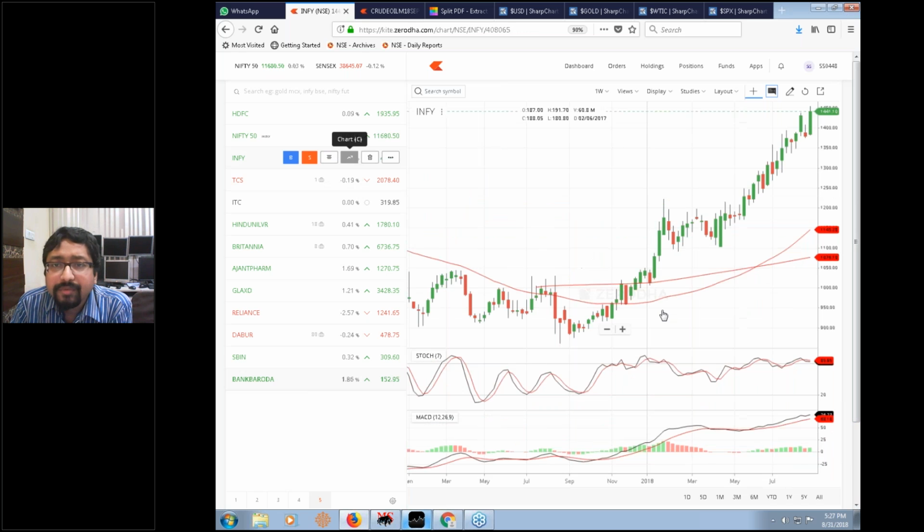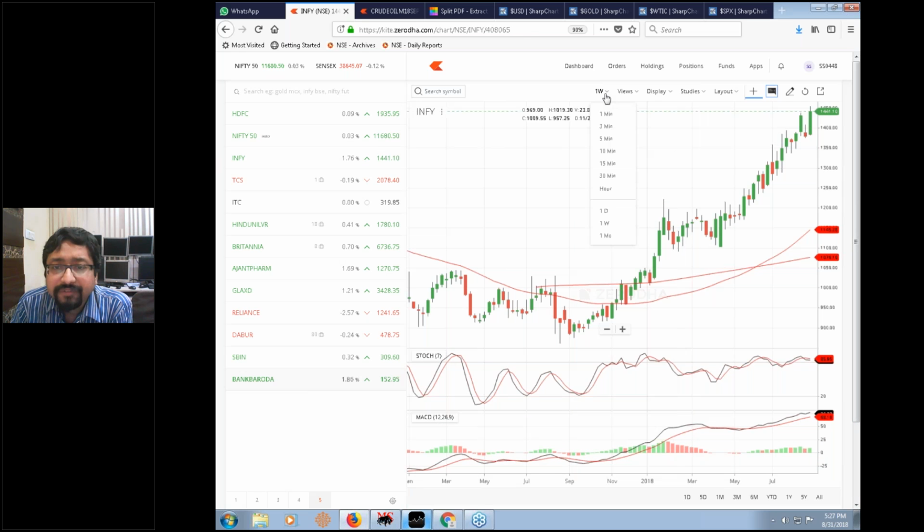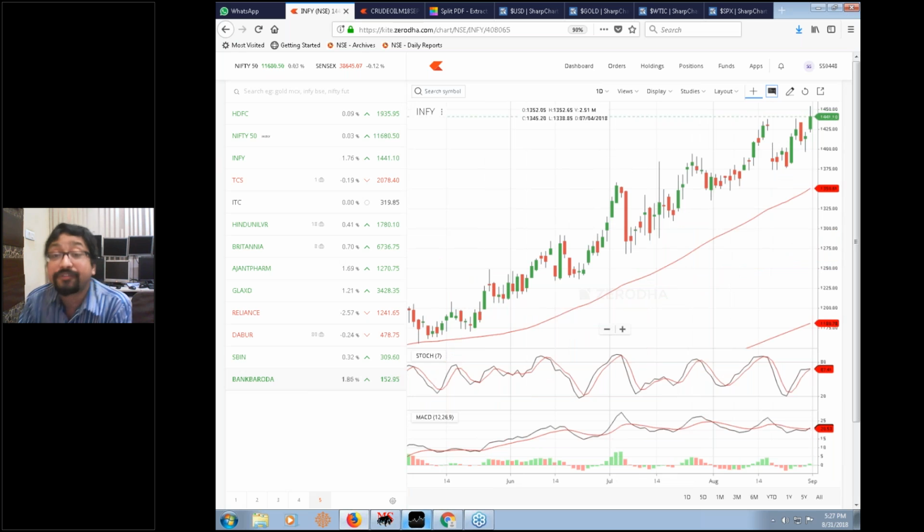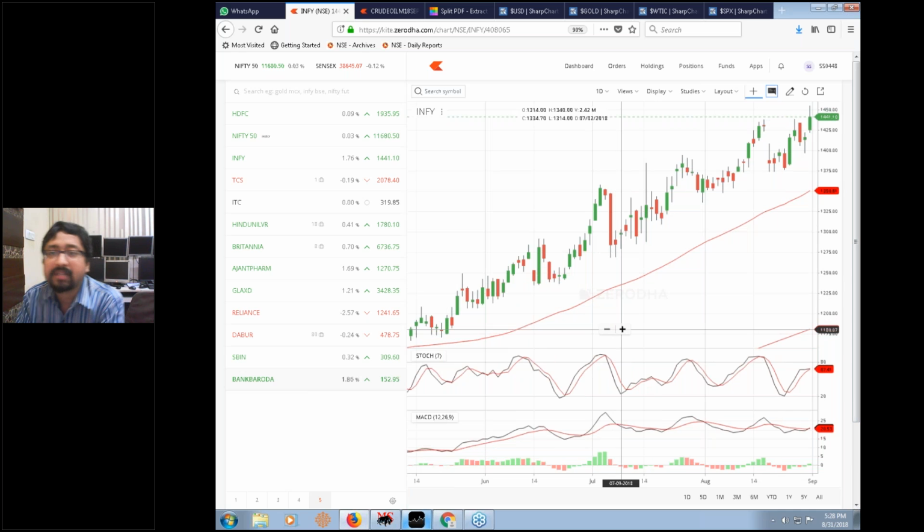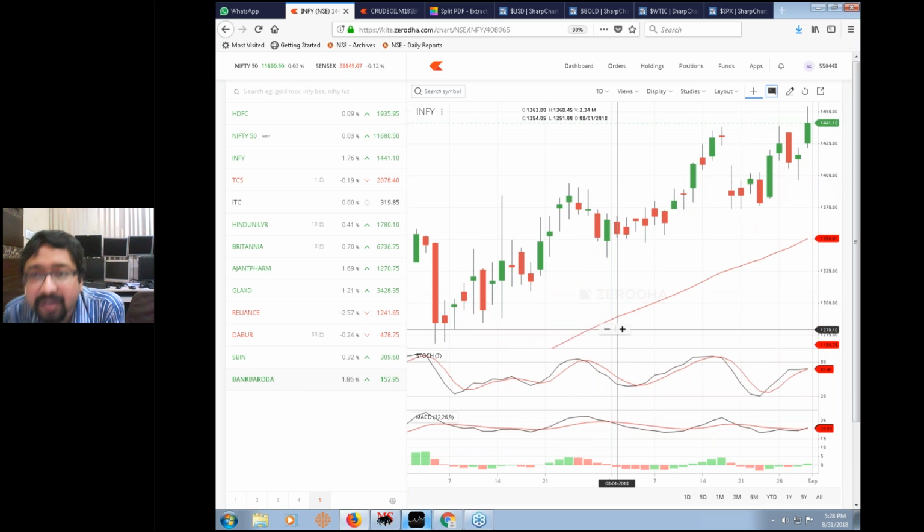So this is the weekly chart of TCS, and this is the daily chart of Infosys, right? As you can see, two weeks ago the price took a shock, when some official of Infosys resigned.